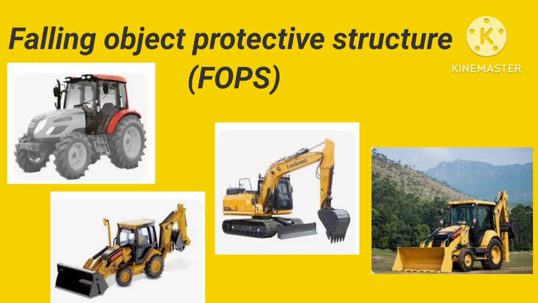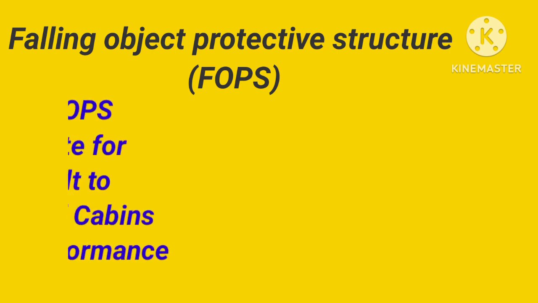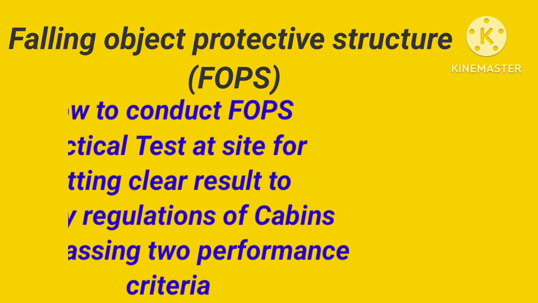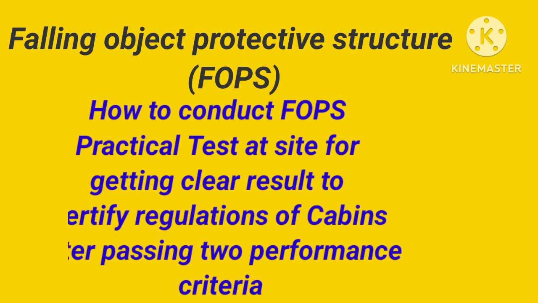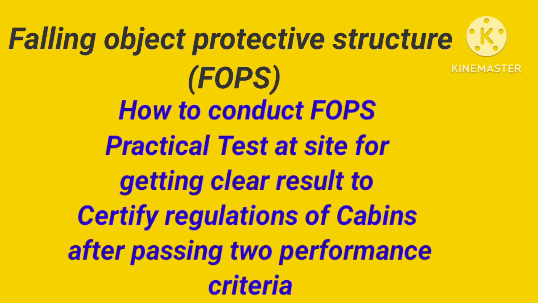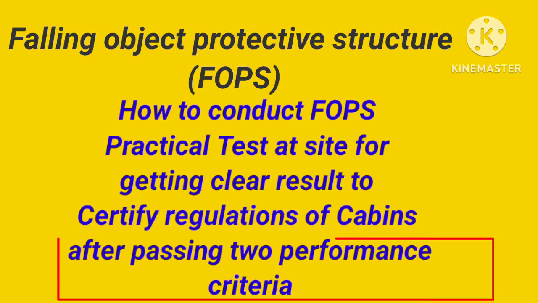Here in this video, we are also going to watch practically how the FOPS test is conducted, and how to get certification of cabins with the performance criteria conducted before the test.